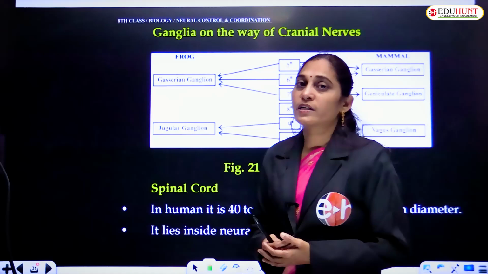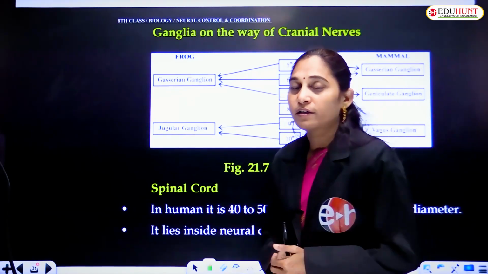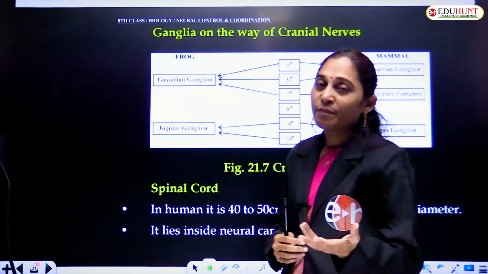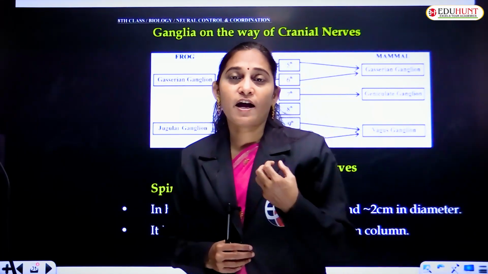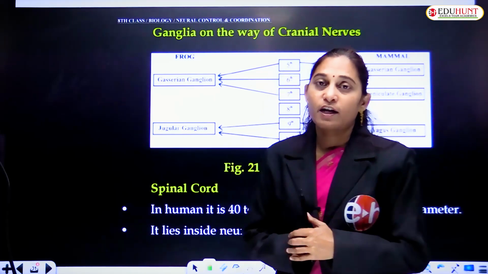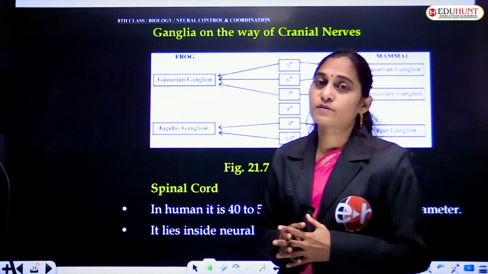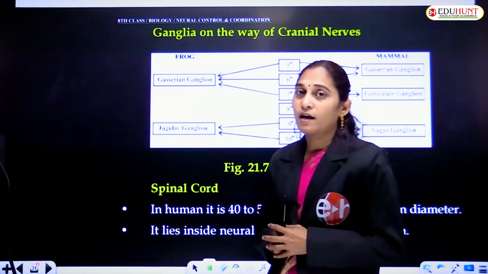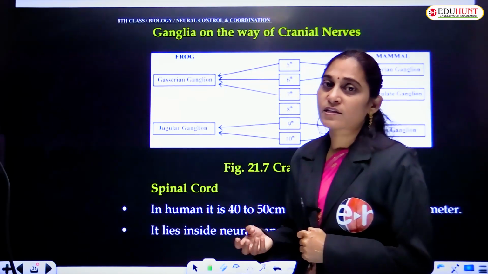We have also seen the comparison between frog cranial nerves and mammal cranial nerves. In anamniotes, a group in which fish and amphibians are kept, there are 10 pairs of cranial nerves, but in amniotes, that is reptiles, apes and birds, they have 12 pairs of cranial nerves.